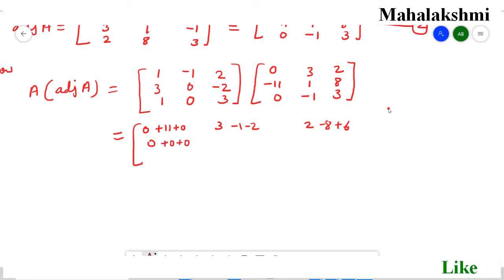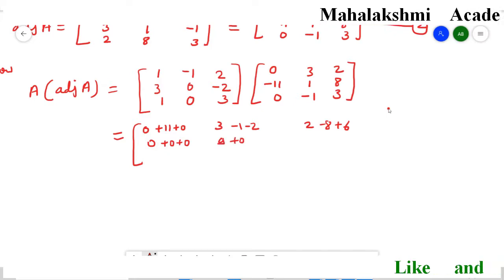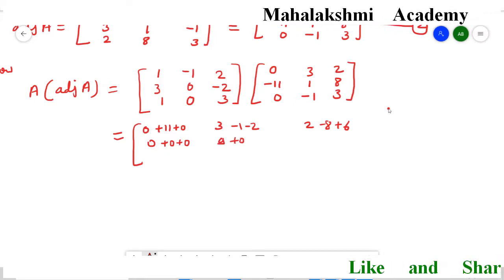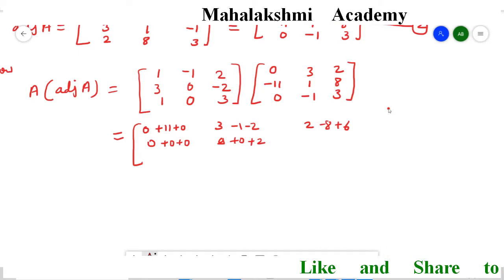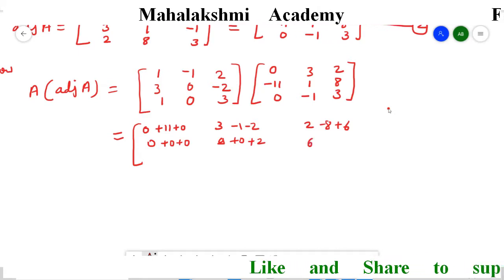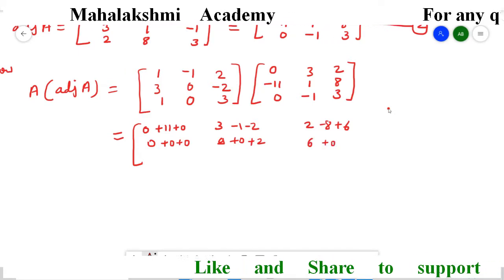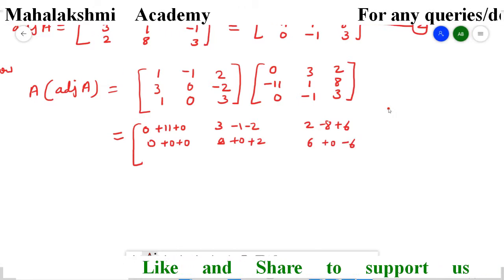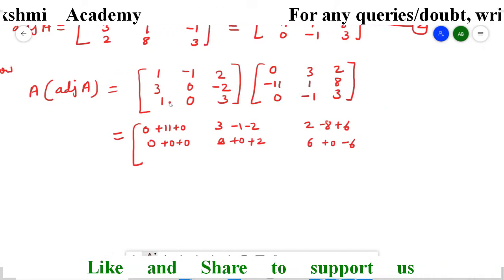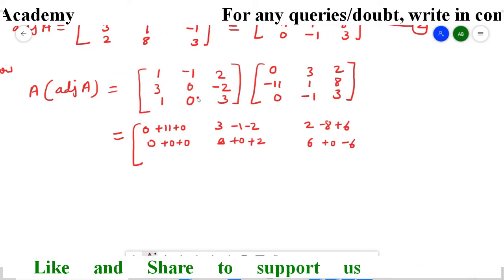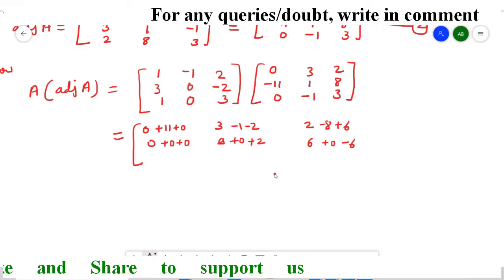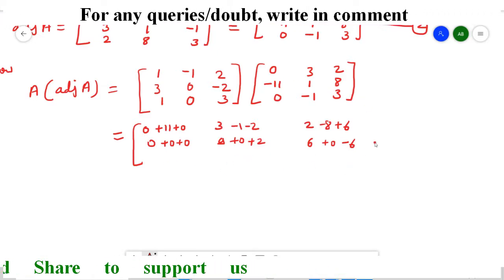Then here 3 3s are 9, plus 0, plus 2. Then 3 2s are 6, plus 0, minus 6. So the second row is completed.